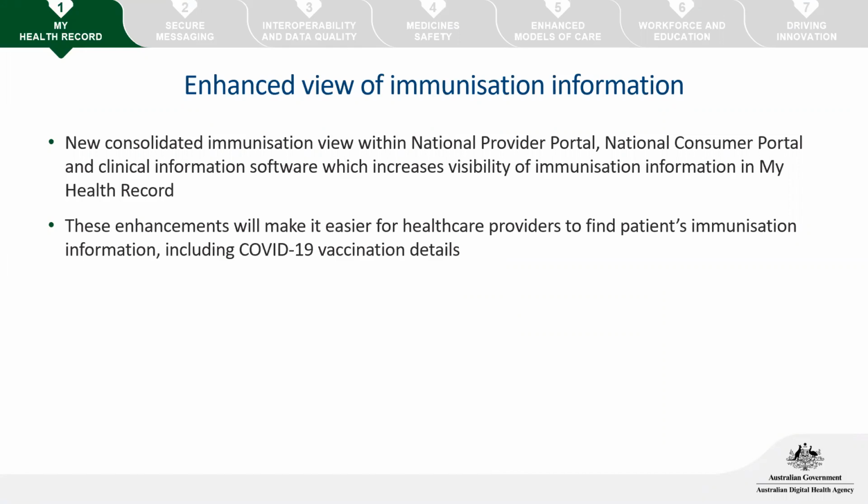More recently, in late April, that new view has also been introduced to a number of conformance software. What this does is increase the visibility of immunisation information within My Health Record, which will in turn help you to use, view and access this information.